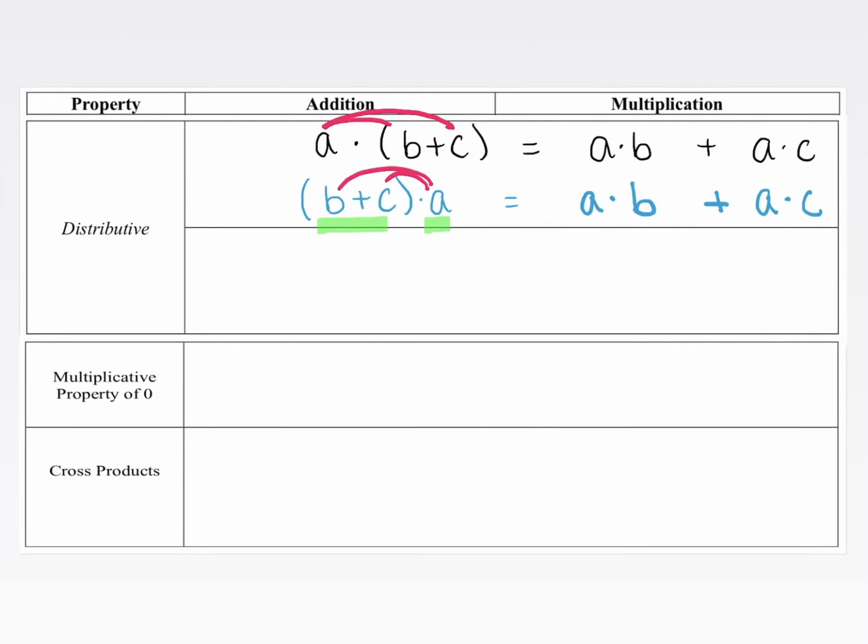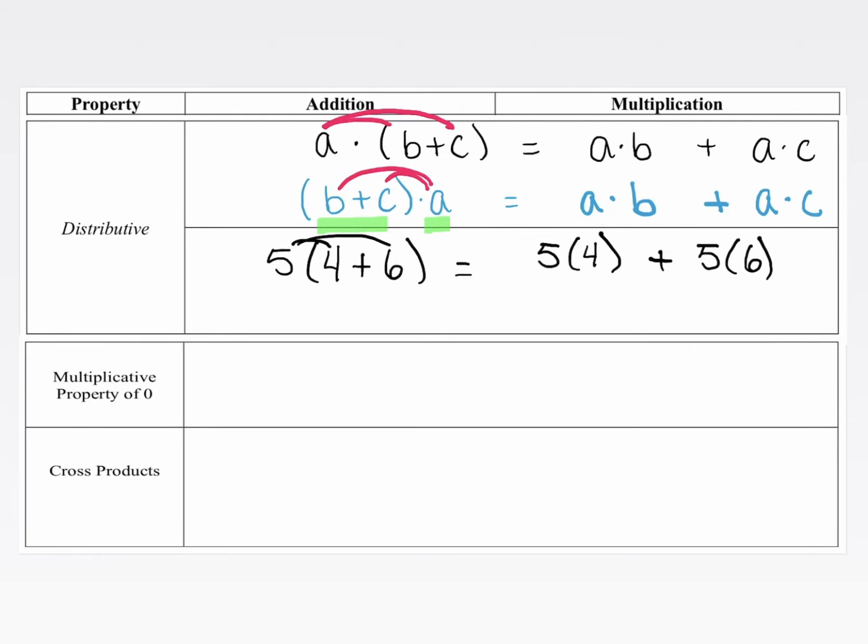Okay, let's see a numerical example. Let's say we have 5 times (4 plus 6). This is the same thing as 5 times 4 plus 5 times 6.